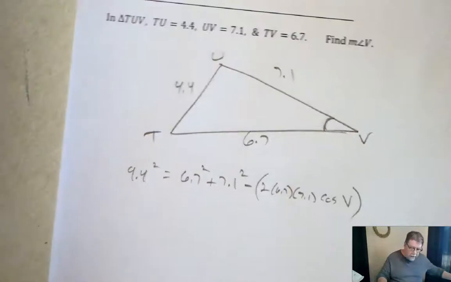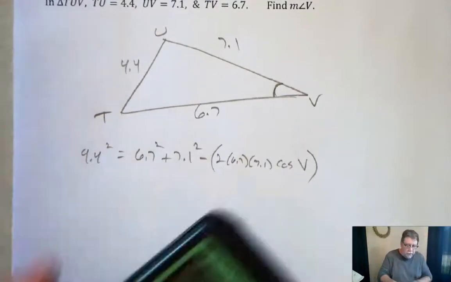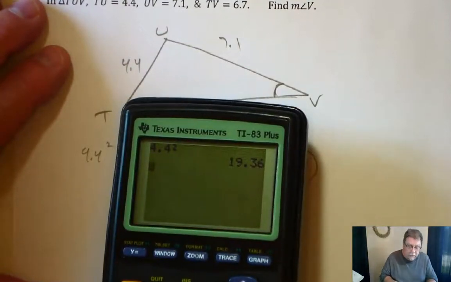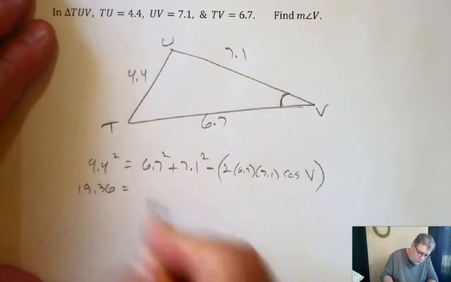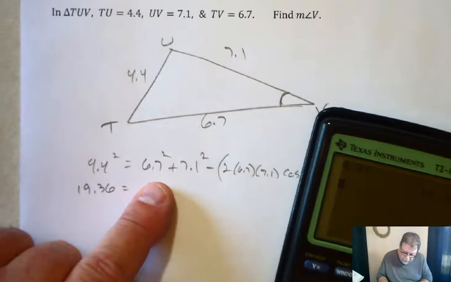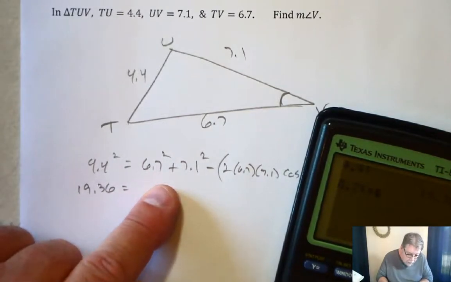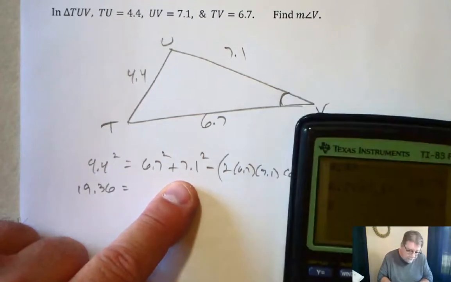All right, so now let's solve this up. So 4.4 squared is 19.36. 6.7 squared plus 7.1 squared, might as well do those together, is 95.3.